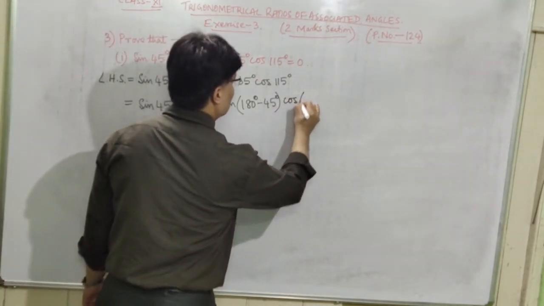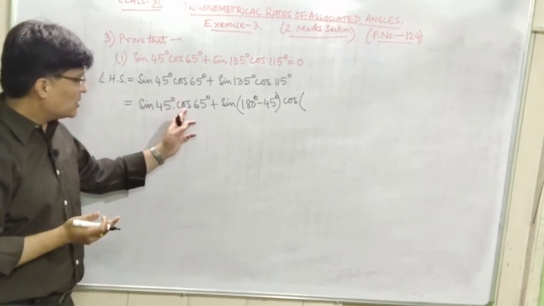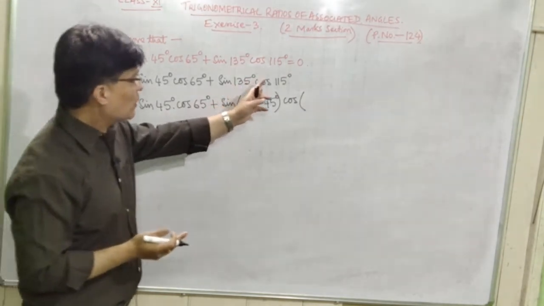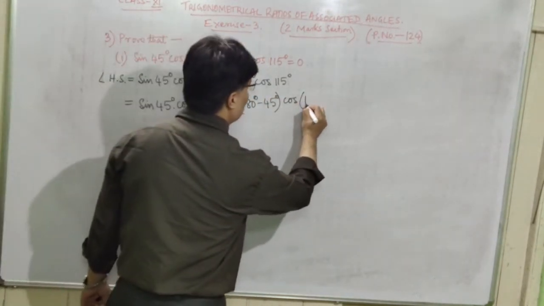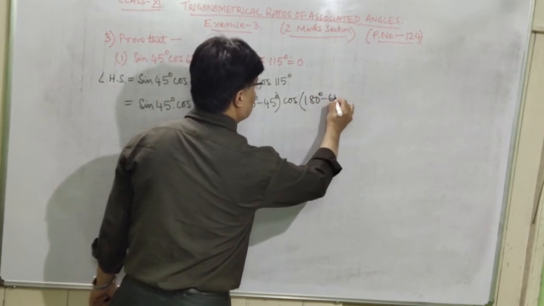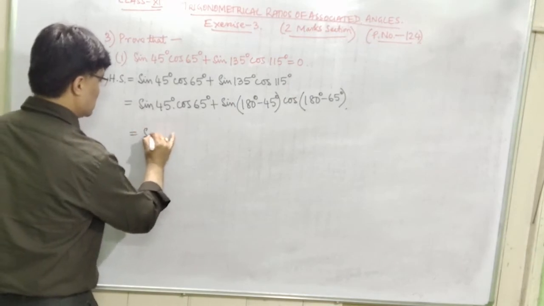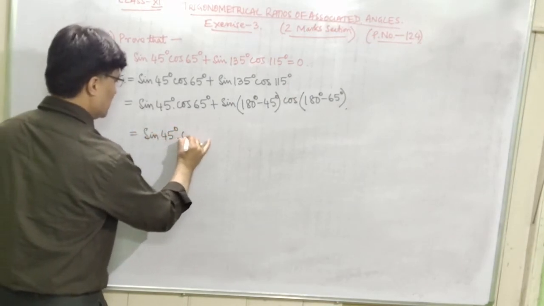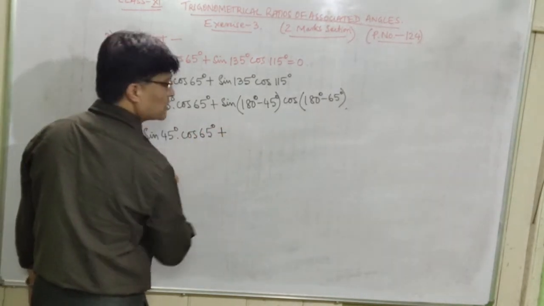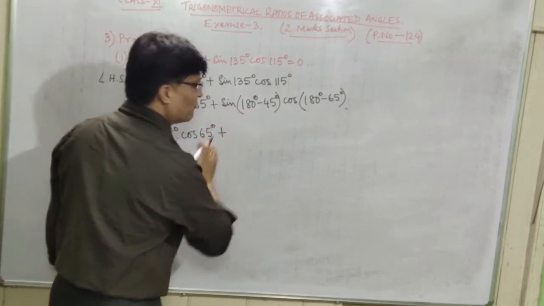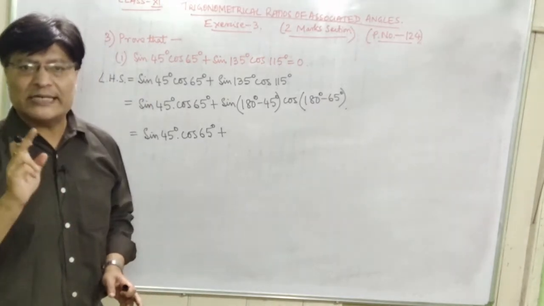So cos, now 115 degree can be written in terms of 65 degree. Since this is kept as it is, 65 degree, let us convert this 115 degree in terms of 65 degree. So how will you write it? It is 180 degree minus 65 degree. Okay. So which is equal to sine 45 degree cos 65 degree, plus what about this, sine 180 minus 45? 180 degree minus 45 degree, in which quadrant does it lie?